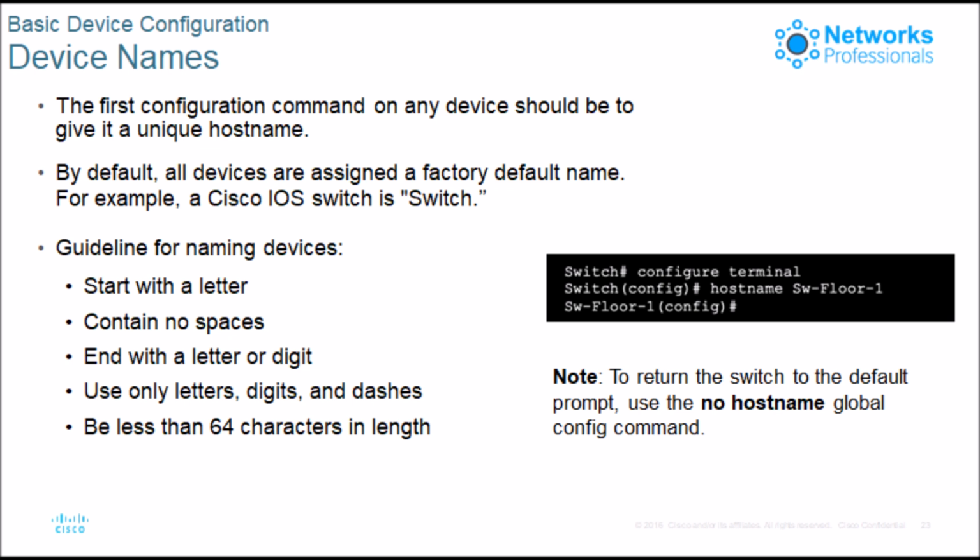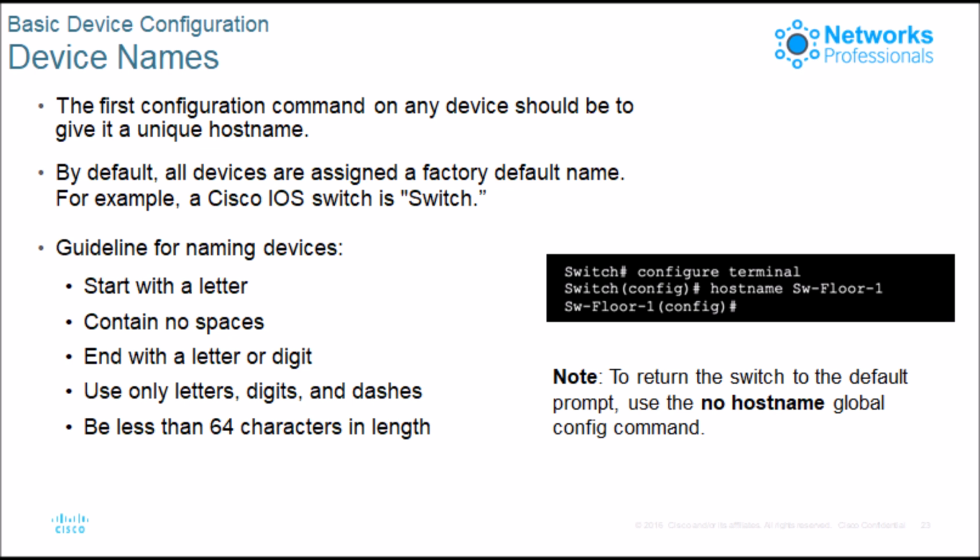The host name provides confirmation that you are connected to the correct device. The default name should be changed to something more descriptive. Choosing names wisely makes it easier to remember, document, and identify network devices.